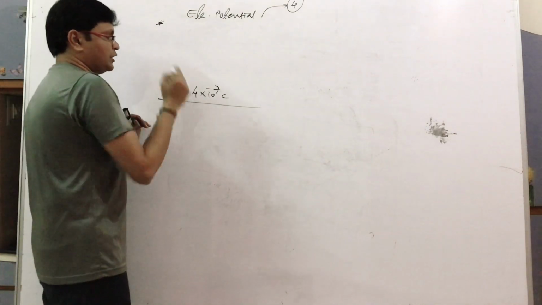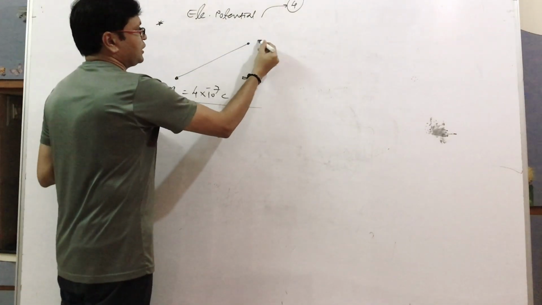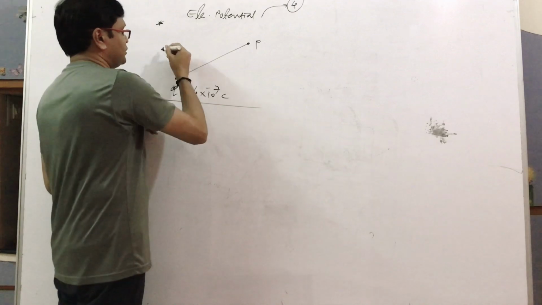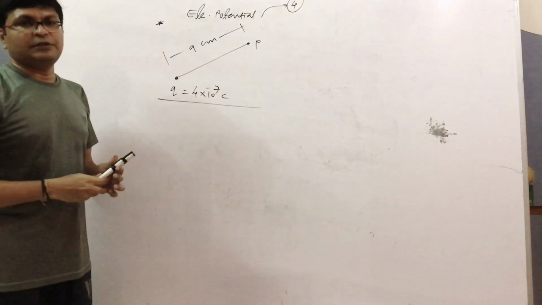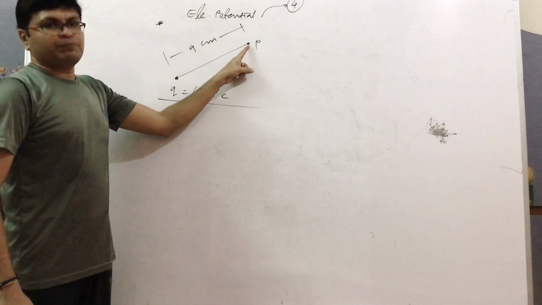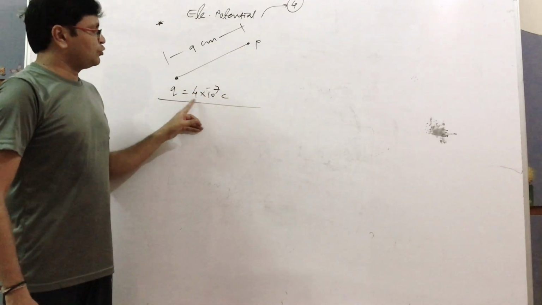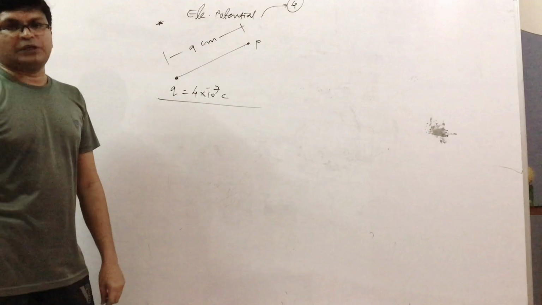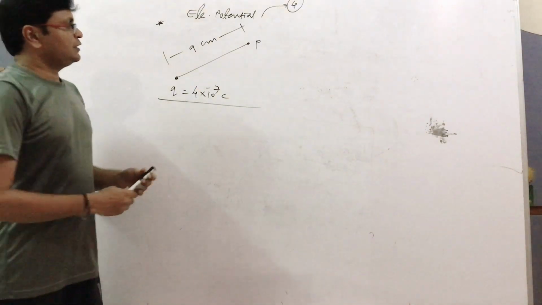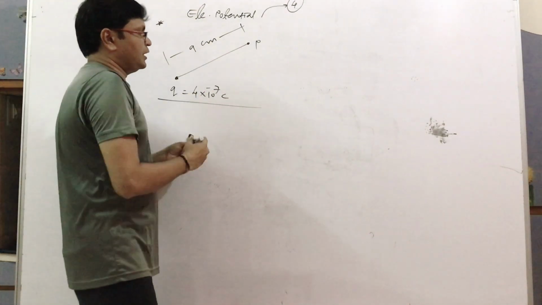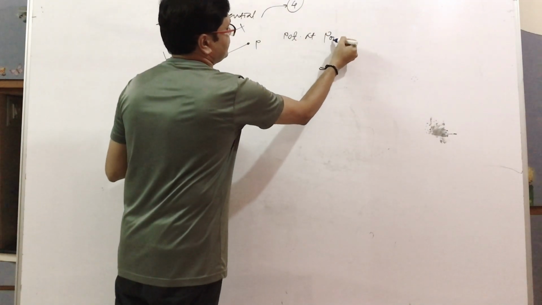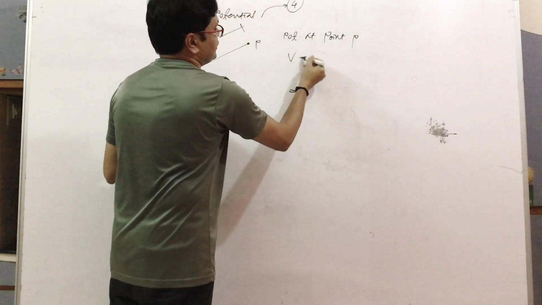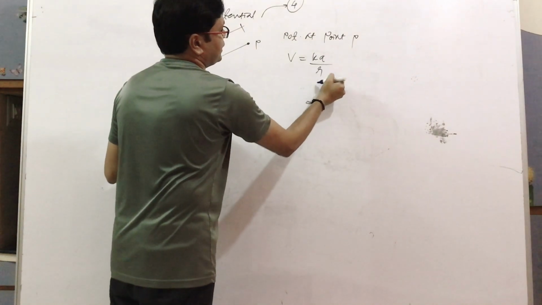Now, because of this charge, I would like to find the potential at this point P. Let the distance of this point P be 9 centimeter. So, what is the potential at point P because of this 4 into 10 raised to minus 7 coulomb charge? Very easy. Here distance R is given, charge is given. So I can write the potential at point P is KQ by R.